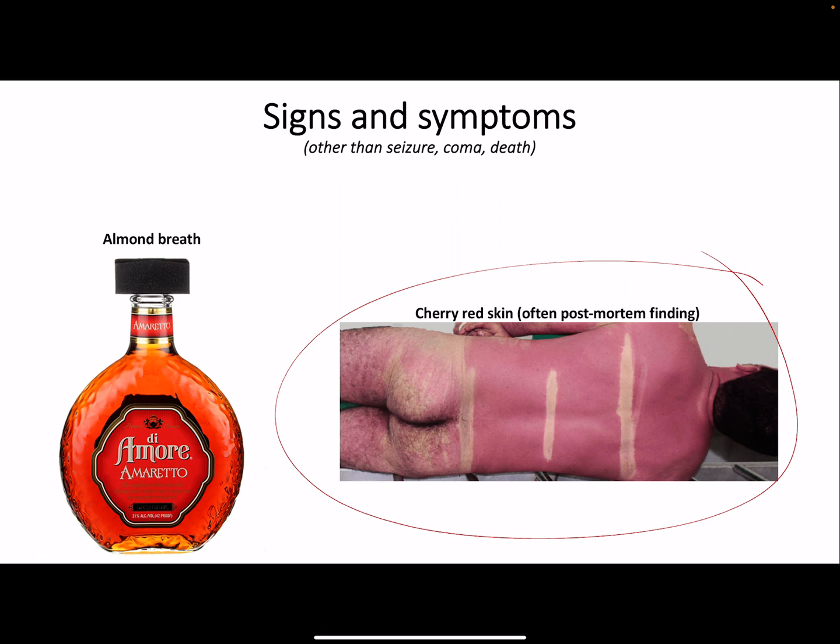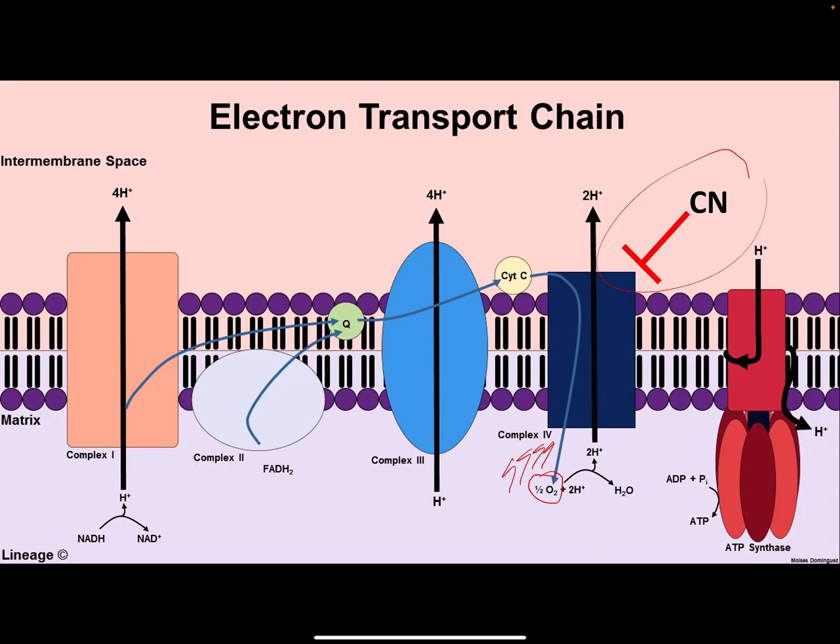So this high venous hemoglobin saturation is going to make this particularly red skin. And again, postmortem, you're going to have more blood pooling in the venous system, so it's going to be even more pronounced. You have an almond smell. I've heard that not everybody smells this, and it's sometimes just too faint for anyone to detect, but theoretically there should be an almond smell.